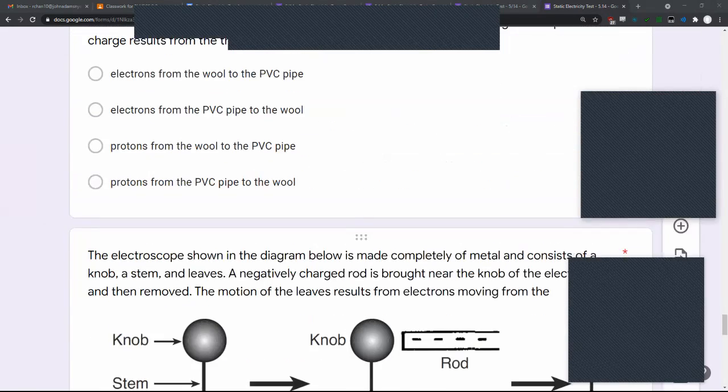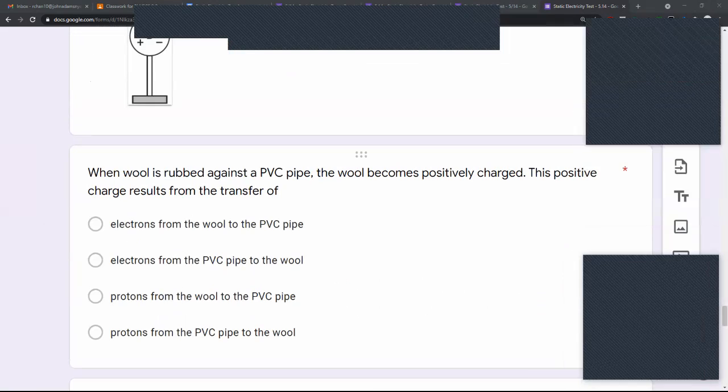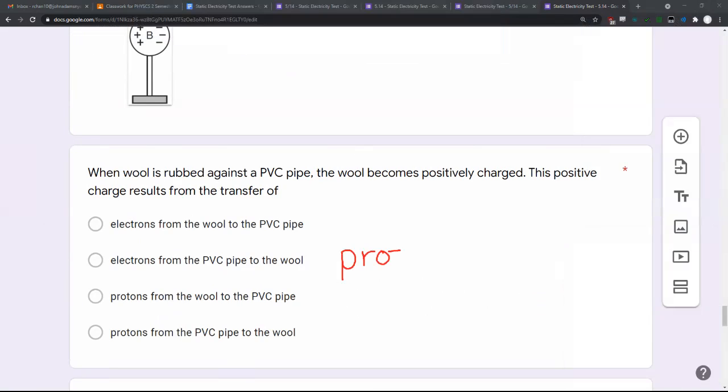Number 9. When wool is rubbed against a PVC pipe, the wool becomes positively charged. I don't know how many times I've said this in class, but I'm 100% sure that I've said protons don't move.